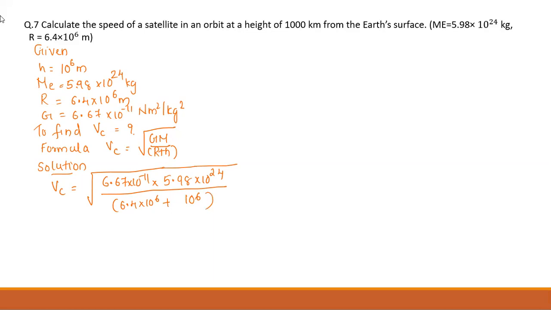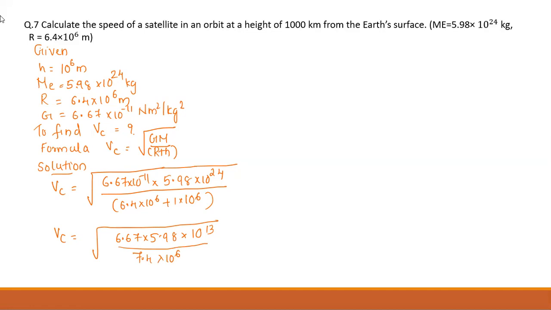Here we can write 1 into 10 raised to 6, coefficient is 1. So VC is equal to under root 6.67 into 5.98 into 10 raised to 24 minus 11, we will get 10 raised to 13, upon 6.4 plus 1, 7.4 into 10 raised to 6.